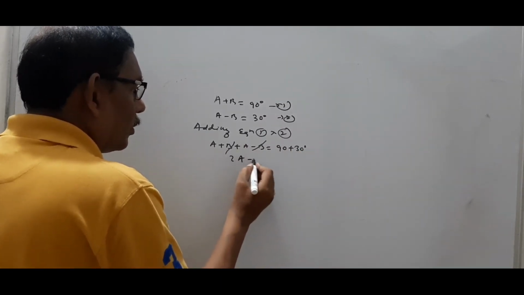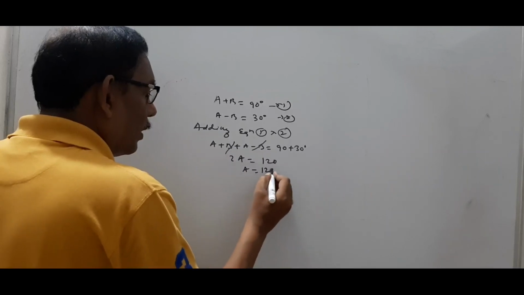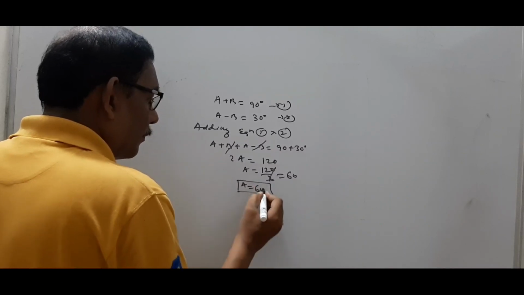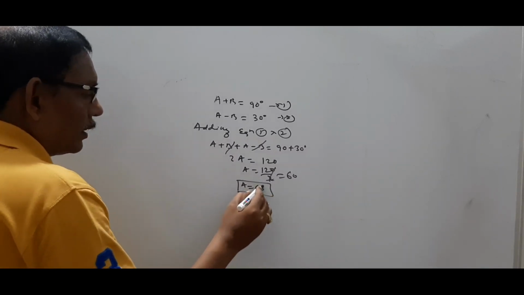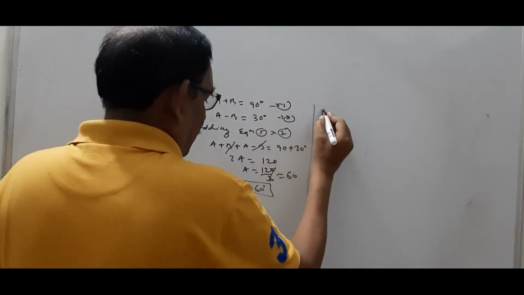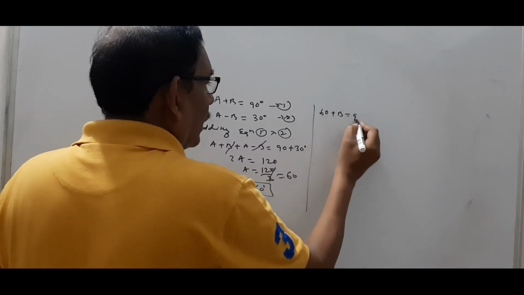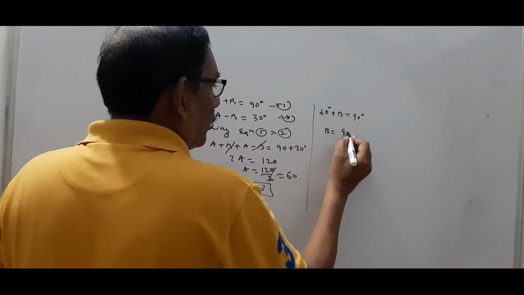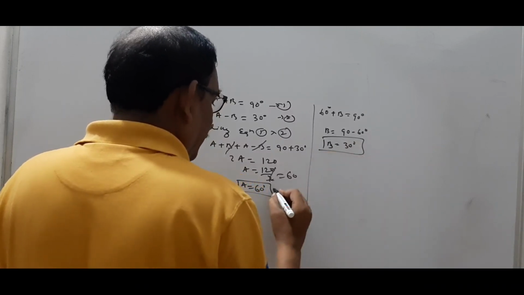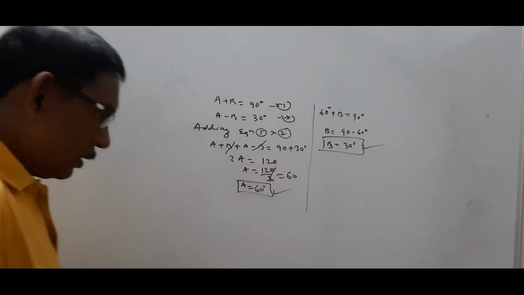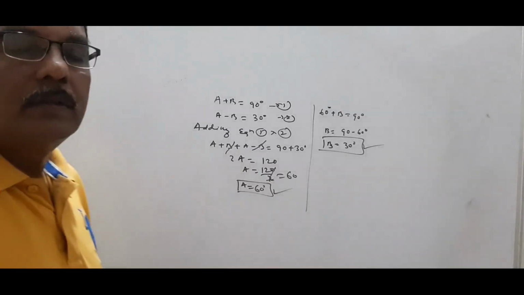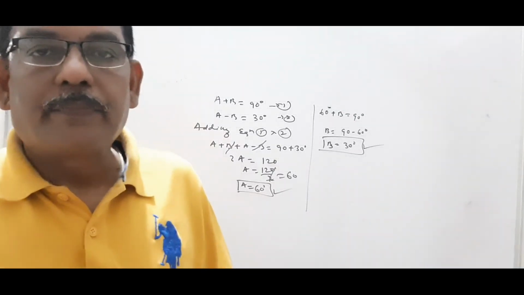Cancelling B, 2A is equal to 120. A is equal to 120 by 2, 60 degree. So A is equal to 60. Now put the value of A as 60 degree in either equation 1 or 2. Look here: A is 60, plus B is 90 degree, so B is equal to 90 minus 60, that is 30 degree. So this is the A value and this is the B value. In this way, you have to practice more problems at home. If any doubt, you ask me tomorrow at 9 a.m.